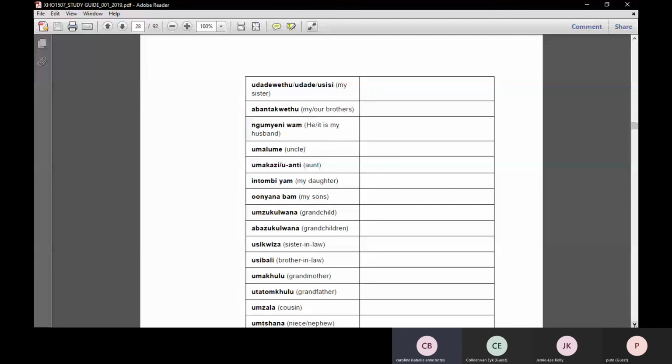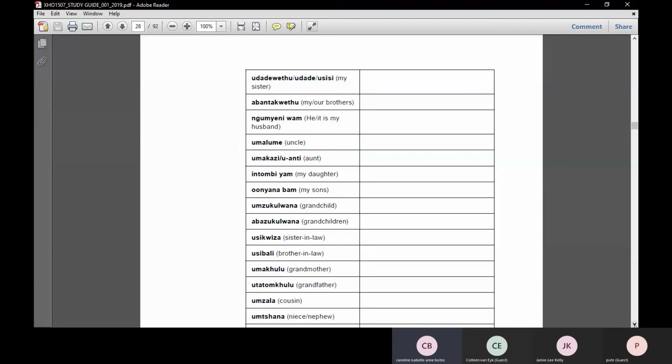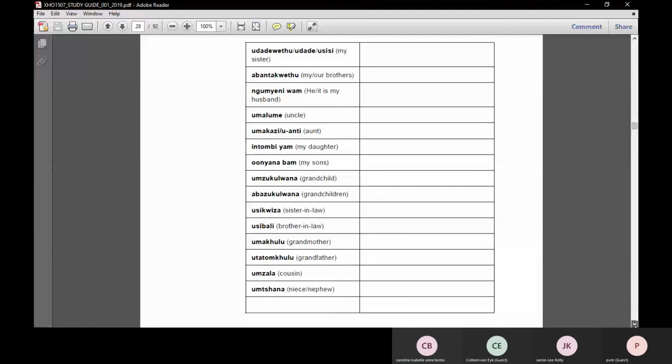I don't know, because I filled this out a long time ago. No, it's Ngo Nyanabam. You add the NG, it's Ngo Nyanabam. Oh, so it's not NGU. It's NGO. Okay. Remember, double O. So the correct one is Ngo Nyanabam.